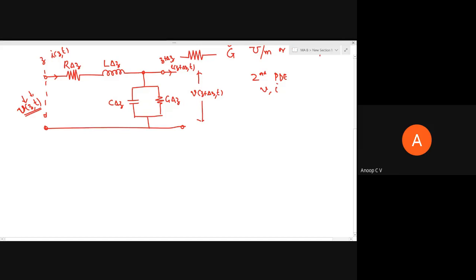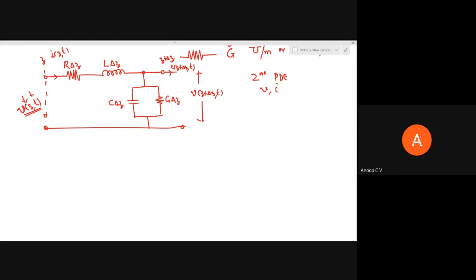If it is phasor, we'll get capital V and capital I as functions of z. Once we obtain the phasor solution, we can convert it back into real instantaneous. So we'll derive in both real instantaneous and phasor forms, but to solve the transmission line equation, I'll consider only the phasor form.